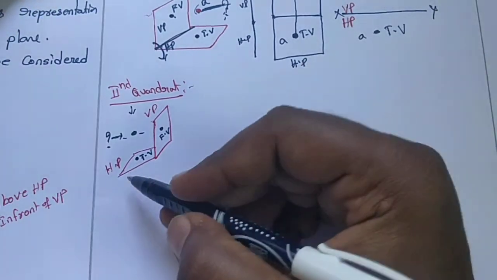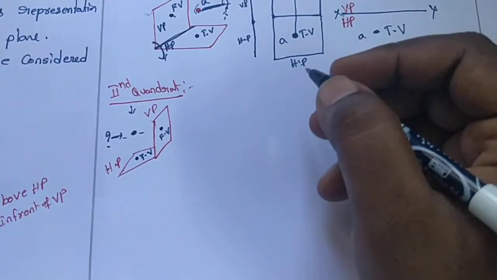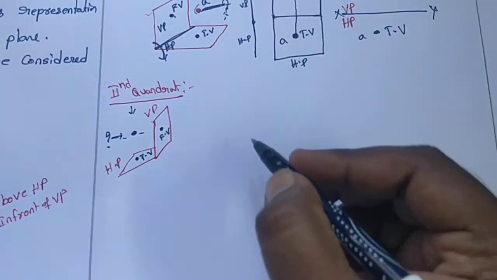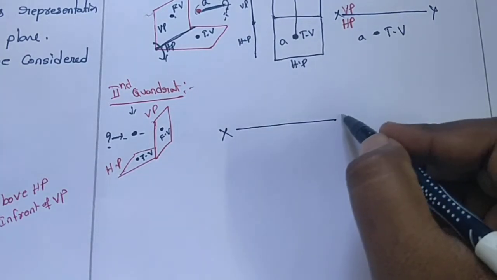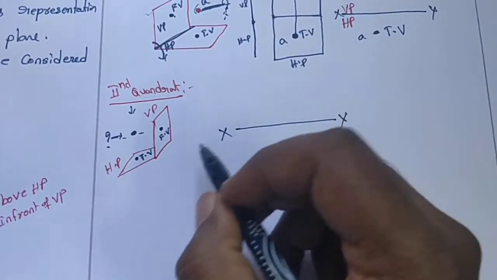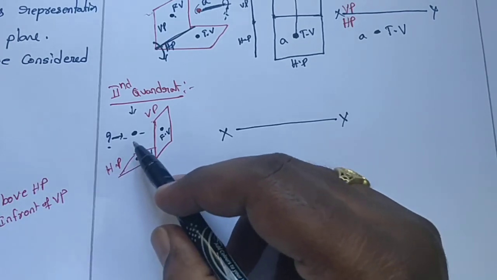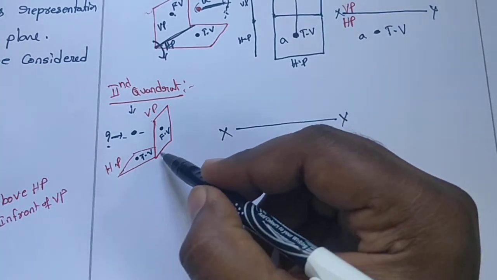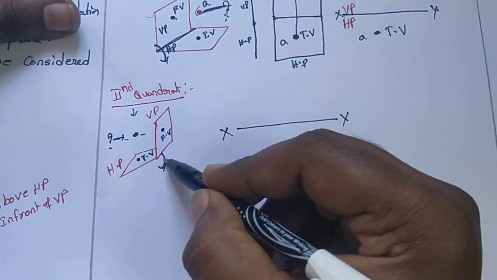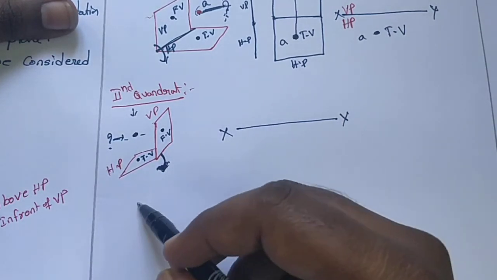Okay, this can be drawn in this method, XY. Here we need to rotate this plane 90 degrees in the clockwise direction. What happened?